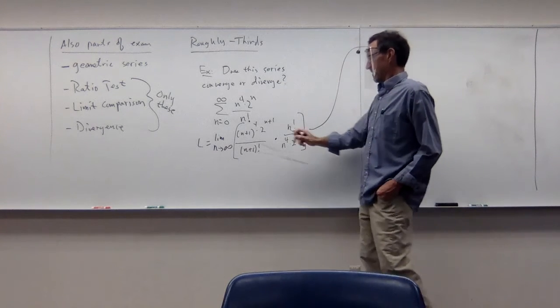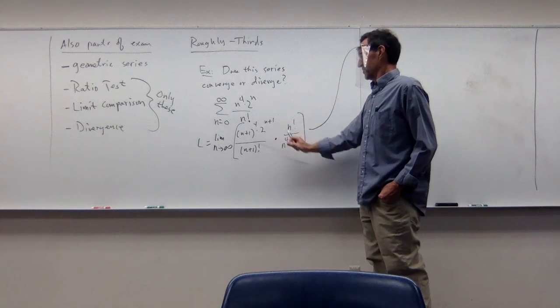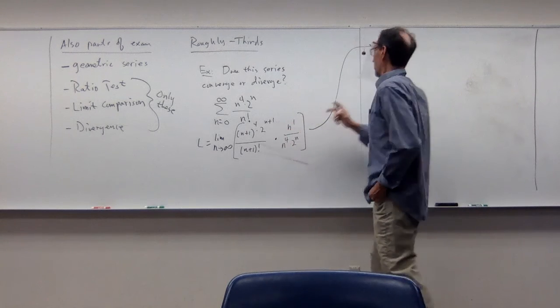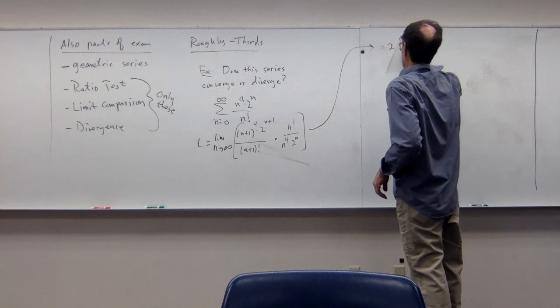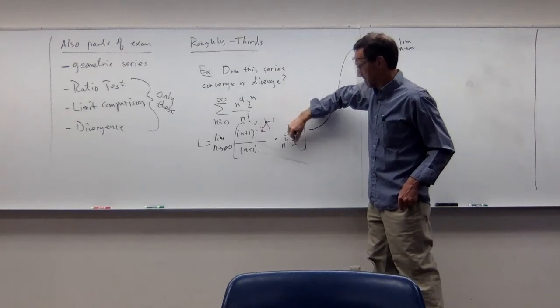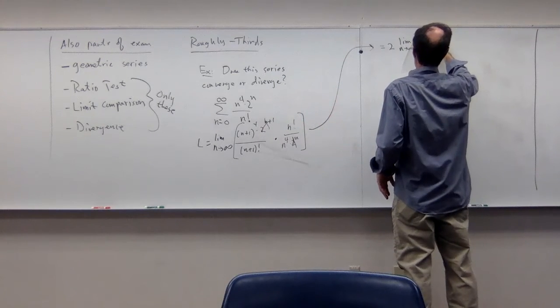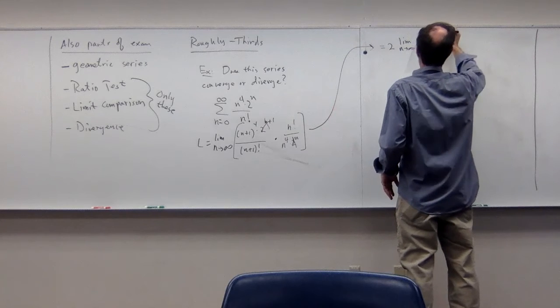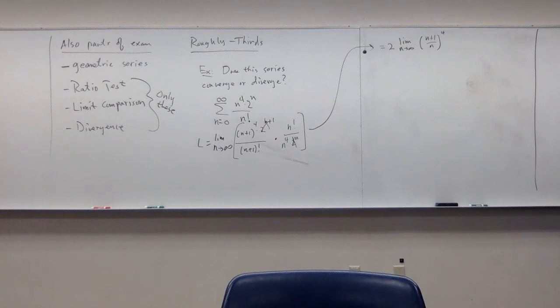I have n+1 twos on top, only n on the bottom. So one of them survives, I can pop that 2 through the limit. So we've accounted for the twos. And then I have this n+1 over n, both to the 4th power. I can raise them, by properties of exponents, just as the fraction to the 4th power.